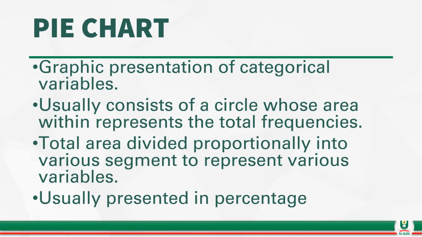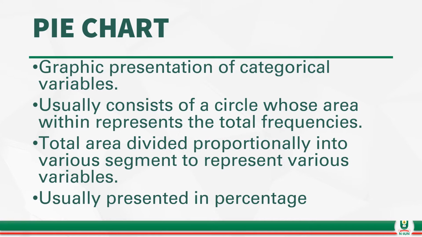So pie chart, on the other hand, is used for categorical variables like bar charts as well. However, they come in circular shape with each area in that circle representing the total frequencies of each variable or each quantity you're measuring.